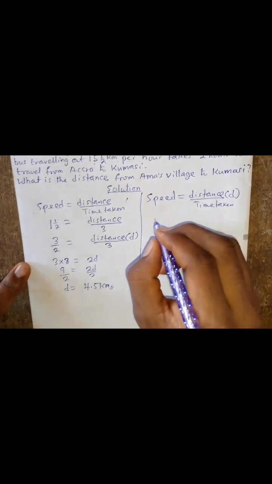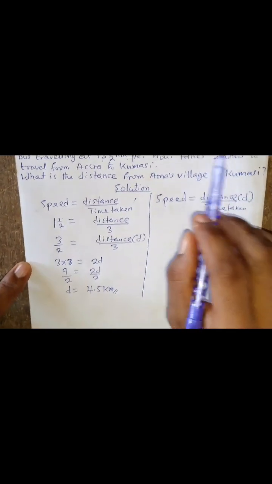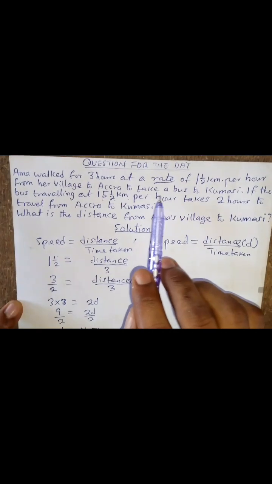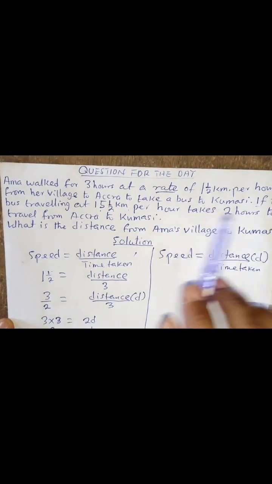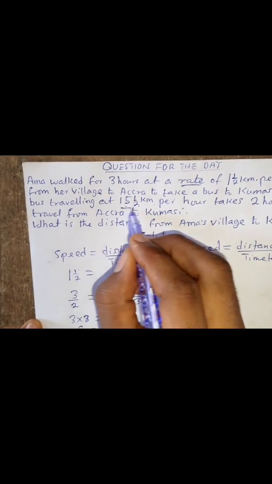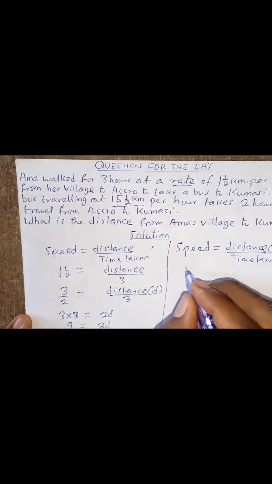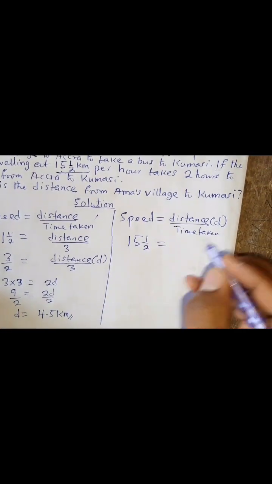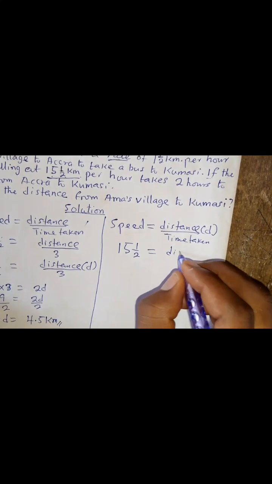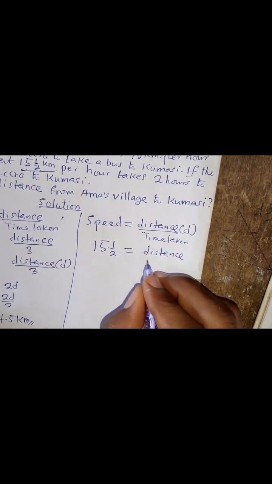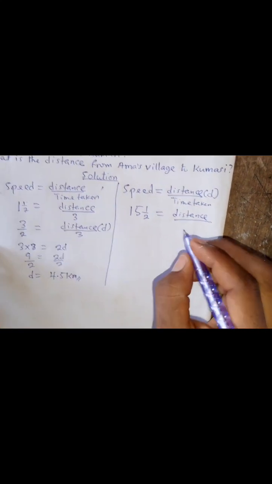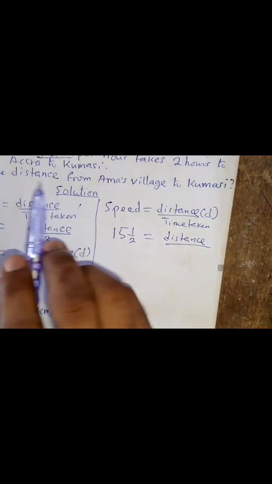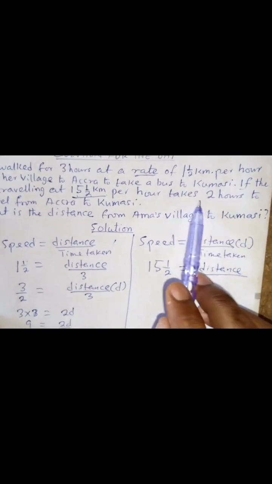So from Accra to Kumasi, the bus is traveling at a speed of 15 1/2. So 15 1/2 is equal to the distance I'm looking for, distance over time taken. And they say the time taken from Accra to Kumasi is 2 hours.